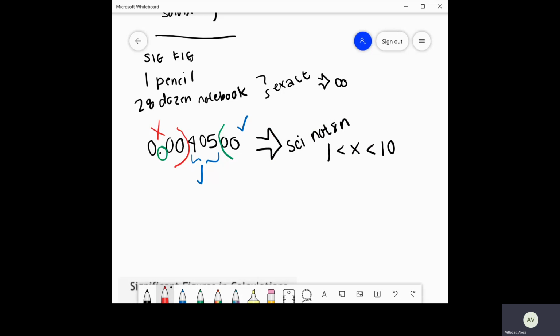Now, if you take your number to the right, for instance, like for this one here, this would be 4.0500. Technically, you are raising it to the negative of that many places. This is because when you look at it, the number is actually much smaller than how it really appears here. So this would be 1, 2, 3.